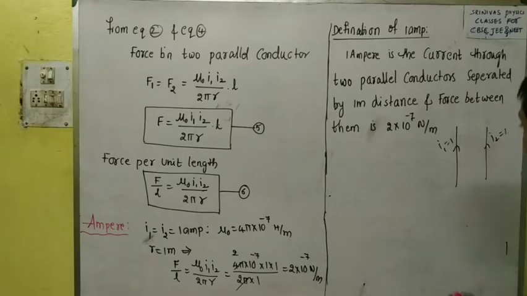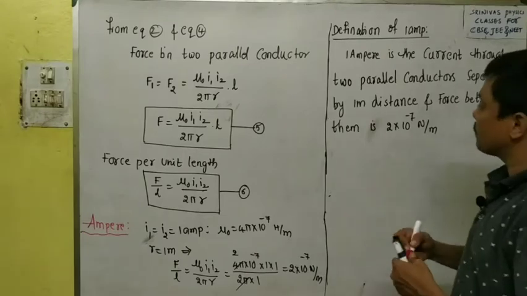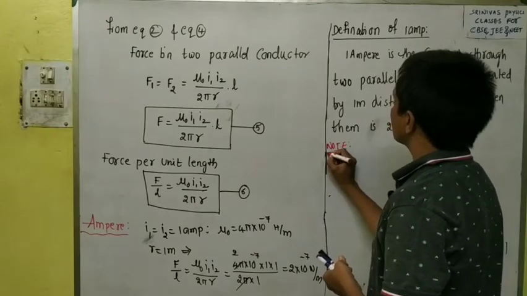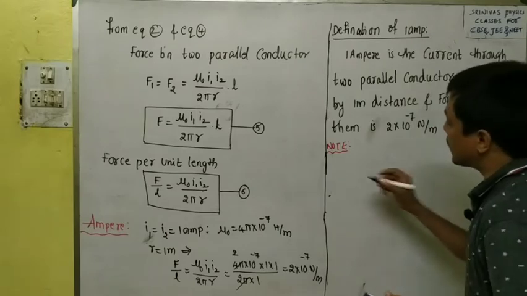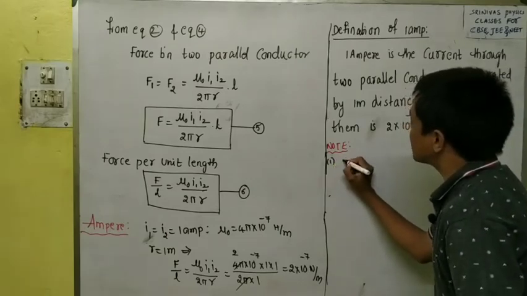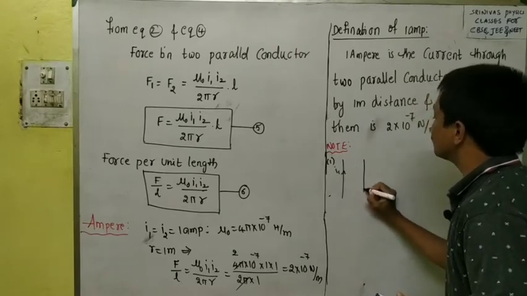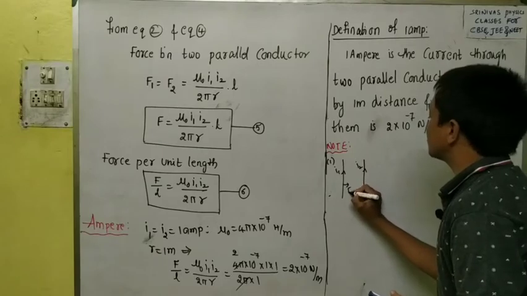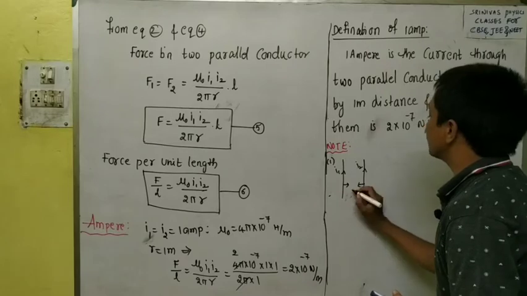Now let us go for some important points. Note: if the two conductors carry the current in the same direction, I1 and I2, these two conductors are attracted to each other. What type of force will act between them? Attraction force will be there.